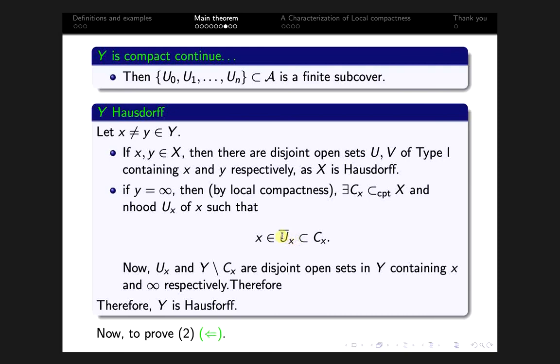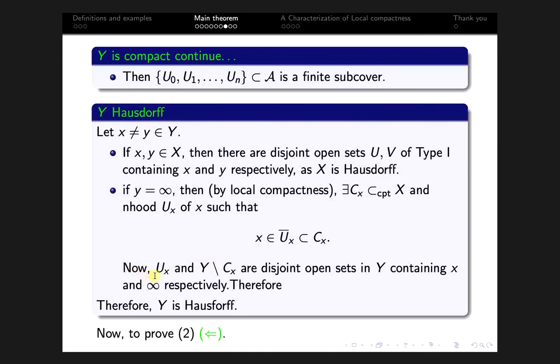And of course the closure of Ux is also in Cx, because Cx is a closed subset of X, being compact in X, and if Ux is a subset of Cx, then the closure of Ux is also a subset of Cx, because the closure of Ux is the smallest closed subset of X containing Ux. So fine.